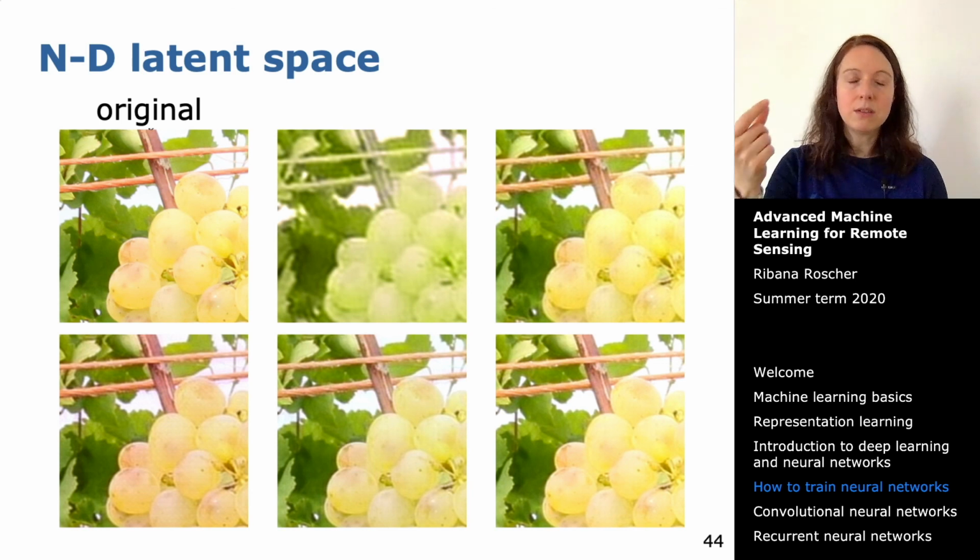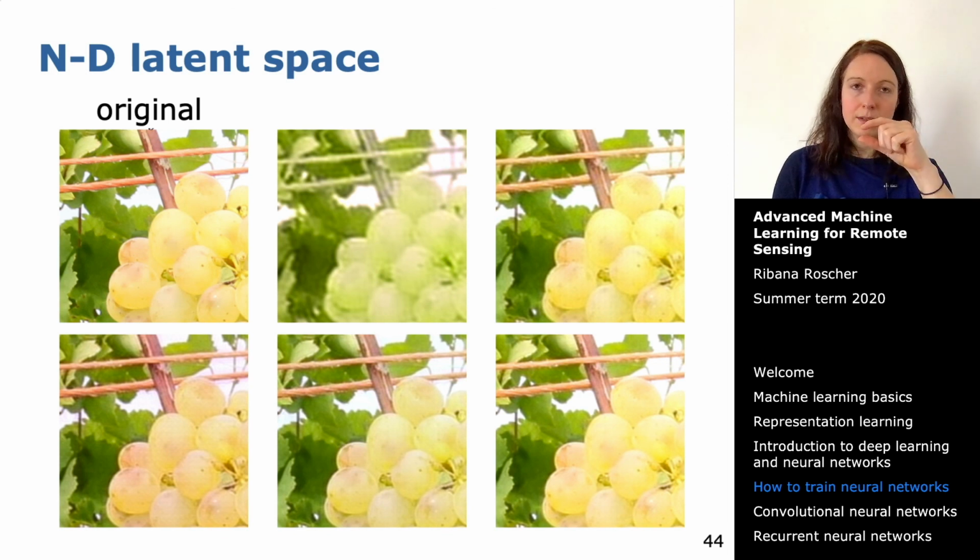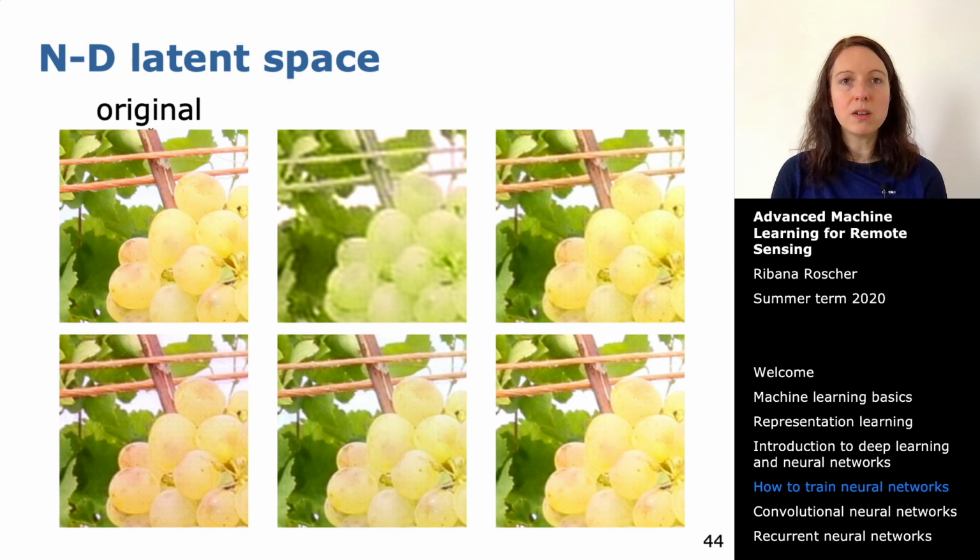The size of the bottleneck layer is determined by the number of neurons. If you go from left to right, in the top row and then in the bottom row, the size of the bottleneck layer increases, so you use more neurons, and when you use more neurons, your autoencoder can reconstruct even more.